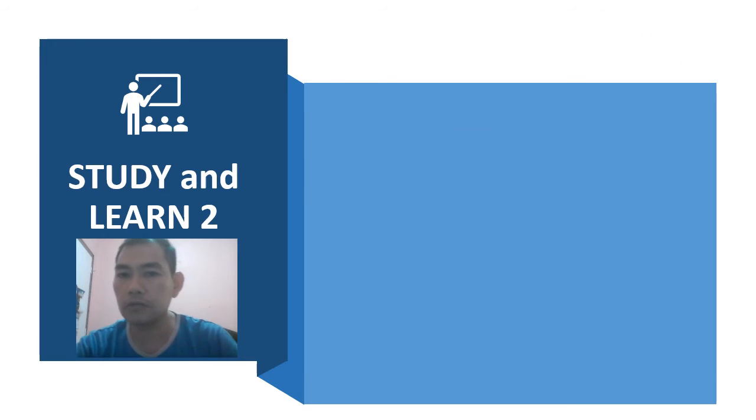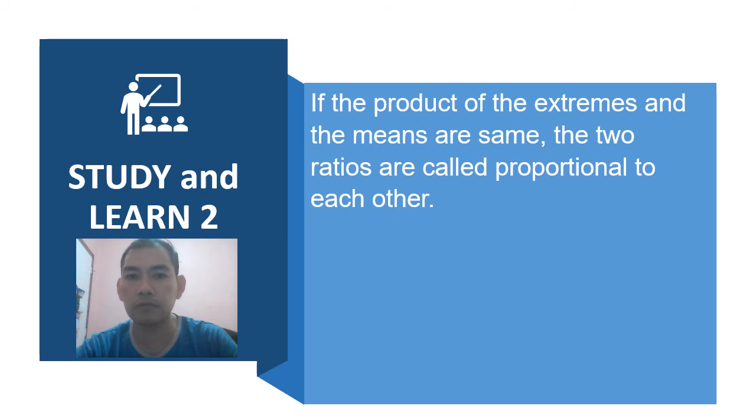If the product of the extremes and the means are the same, the two ratios are called proportional to each other.